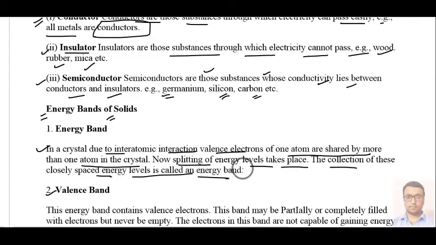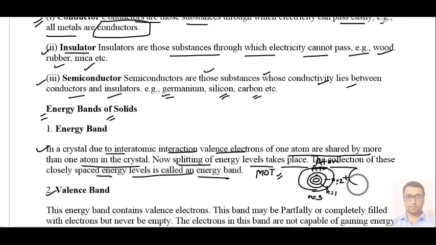So in this topic basically I want to tell you, you must have learned about MOT theory or molecular orbital theory, in which we consider that one atom will have some energy levels, say n equal to 1, then n equal to 2, like this. So these n equal to 1, n equal to 2, these are called what? These are called energy levels of any atom.